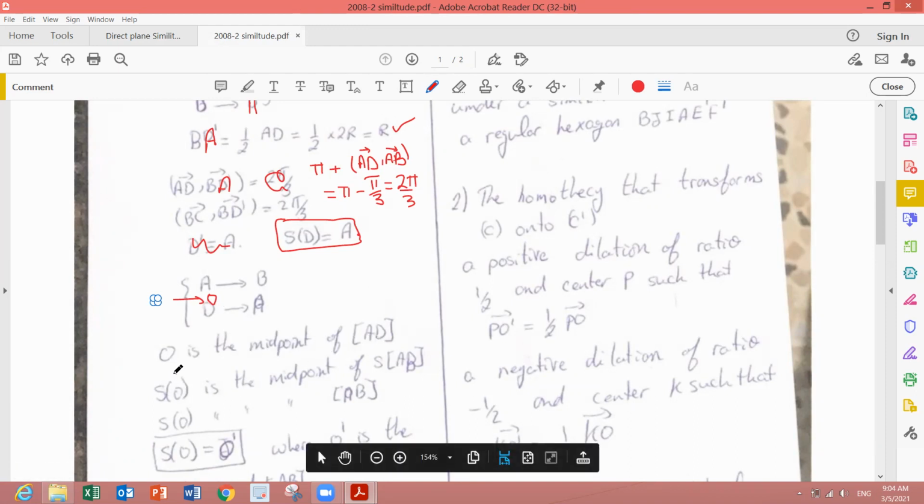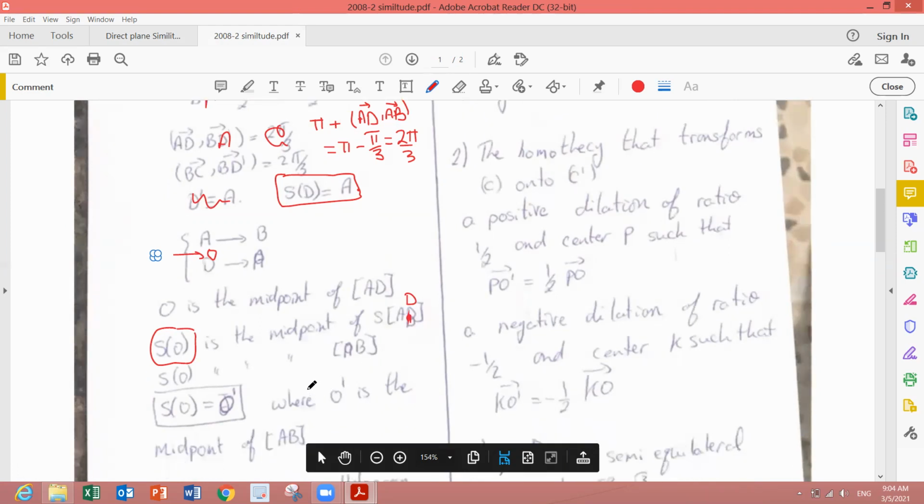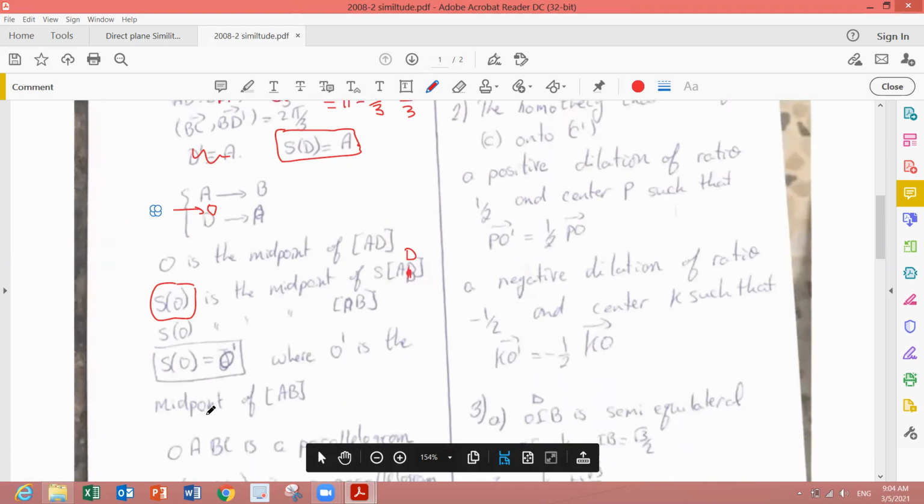So S of O is the midpoint of S of AD, which is AB. So S of O is the midpoint of AB. So S of O equal O prime, where O prime is the midpoint of AB.